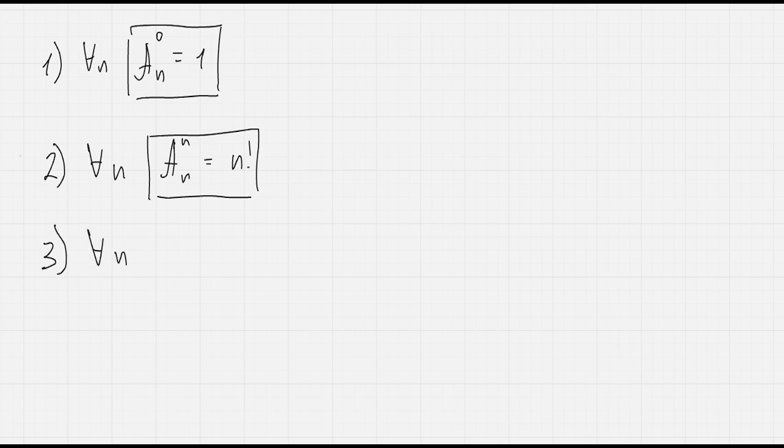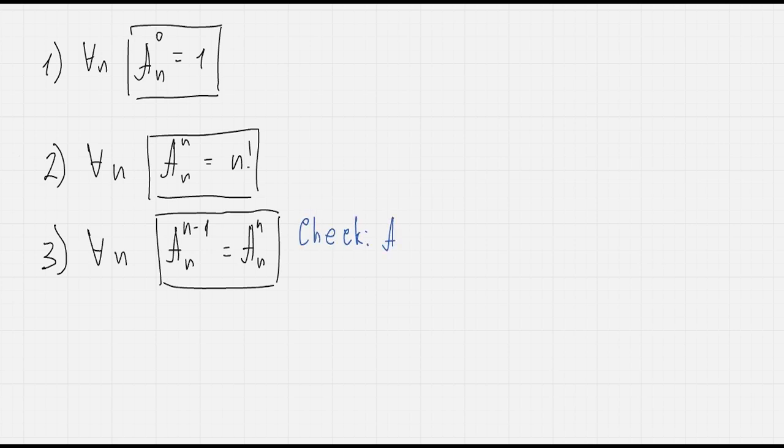Third, A of n and n minus 1 is equal to A of n and n. This seems a bit strange. Why is that? Let's write it out. A of n and n is equal to the factorial of n divided by the factorial of n minus n, that is the factorial of n divided by the factorial of 0, that is the factorial of n divided by 1, that is the factorial of n.